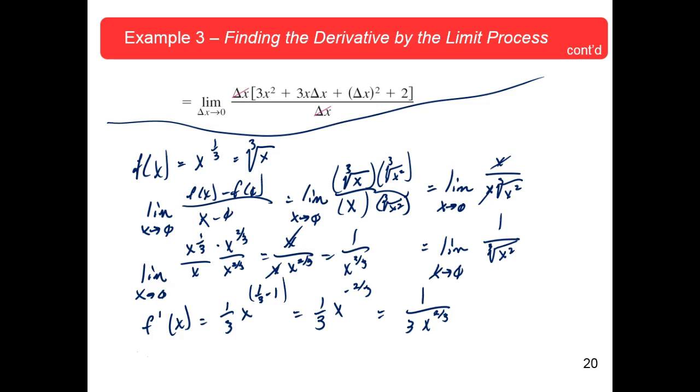Okay, f of x is that. Yeah, absolutely right. What did I do wrong with this?